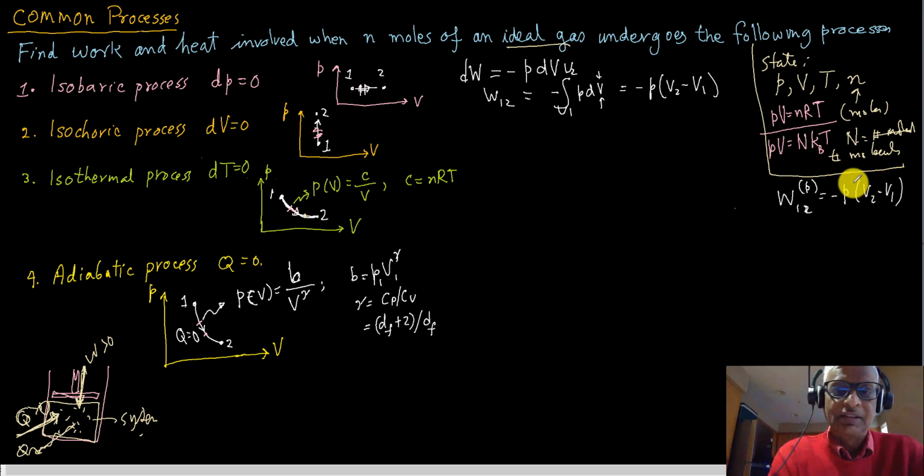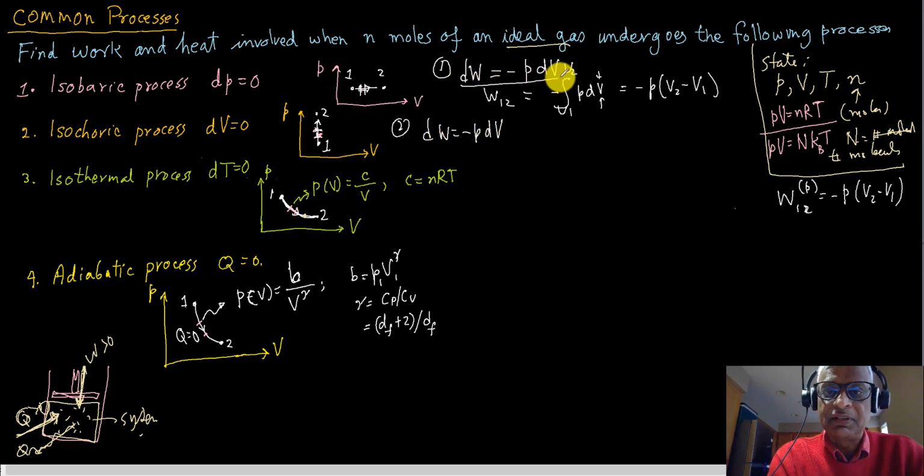So this is one. Now the isochoric process. In a small step, dW is going to be minus P dV again. This is fundamental. But dV in this process everywhere is 0. So minus P times 0 is 0.